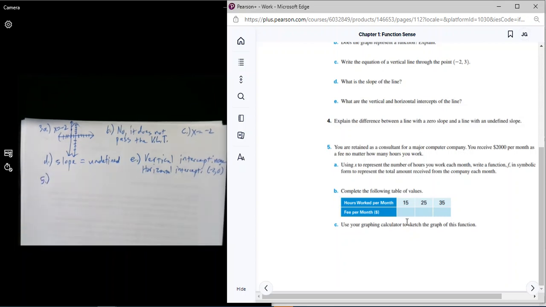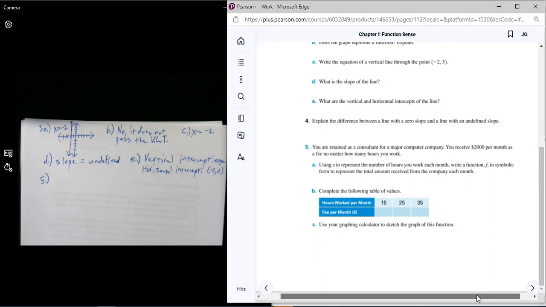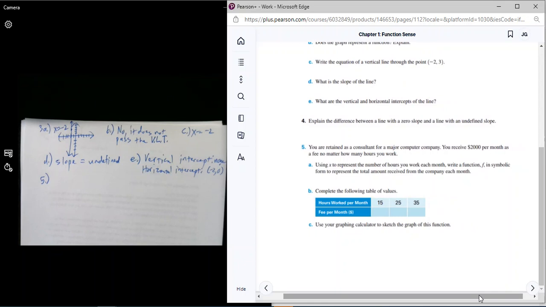So we had number 5, and I think, okay, 5 actually goes to E. Okay, it says here, you are retained as a consultant for a major computer company. You receive $2,000 per month as a fee no matter how many hours you work.